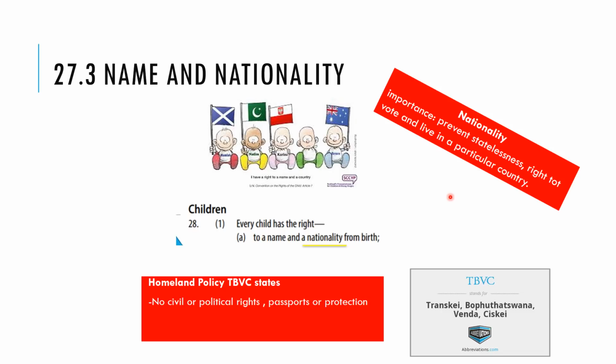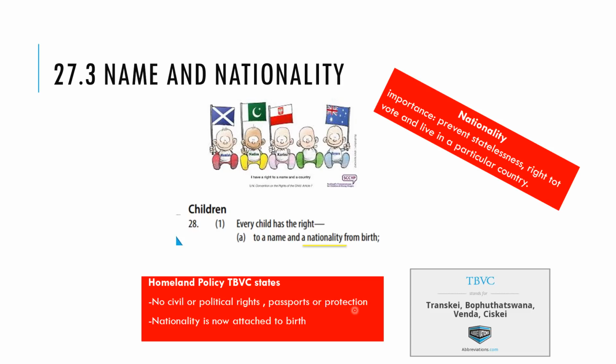For a long time, this homeland policy ensured that people that were part of the TBVC states were not considered South African citizens. So you were considered to be a citizen of the state of Transkei or the state of Venda, which meant you had no political or civil rights, you had no South African passport or protection.